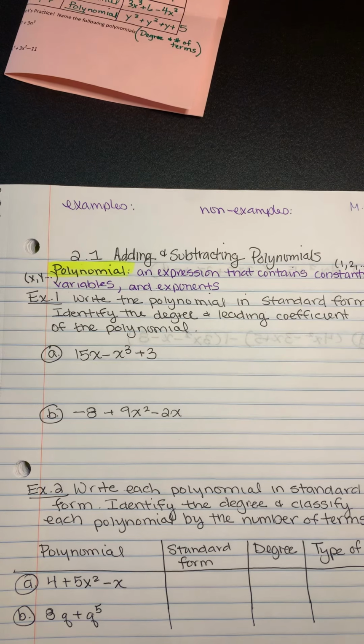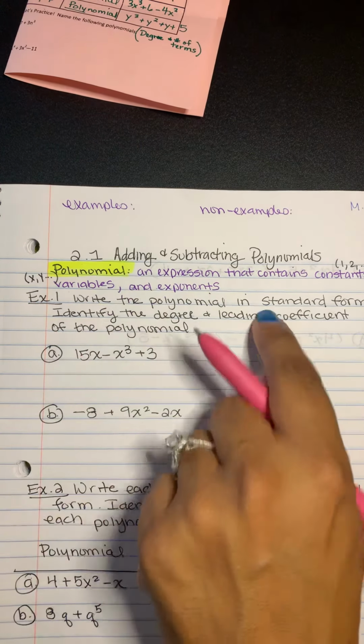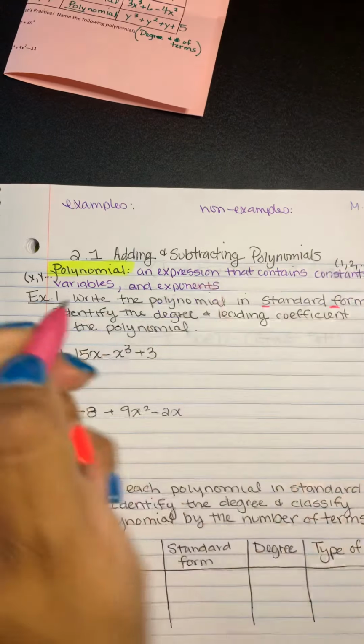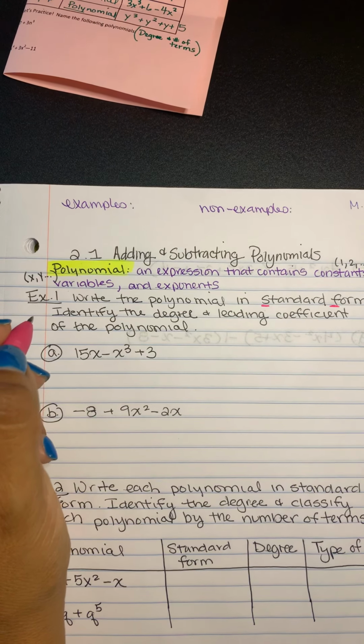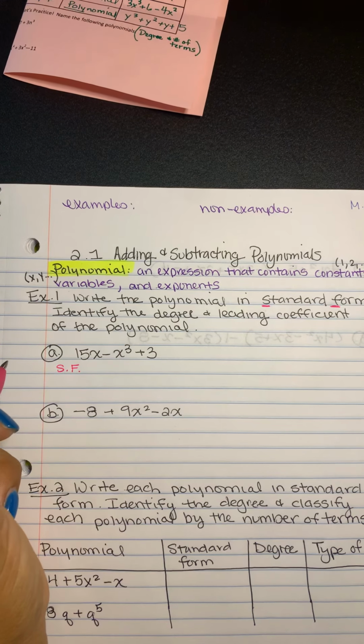I'm going to color coordinate this and abbreviate. Standard form, I'm going to use SF because you're going to have to do this in your homework. So I'm just going to call this SF, standard form.